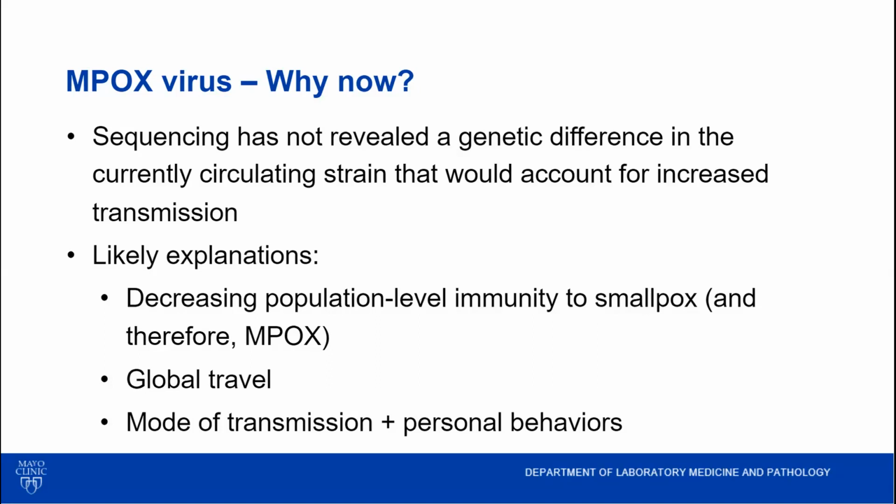Smallpox has been eradicated now, and so there's a decreasing number of people across the globe receiving smallpox vaccination. So we have declining levels of immunity to that virus, and therefore declining levels of cross-protective immunity to MPOX.